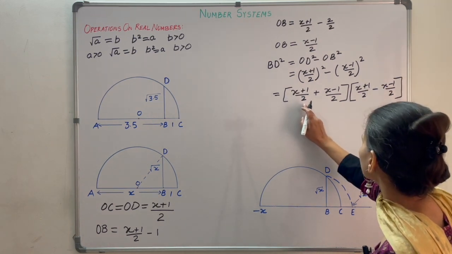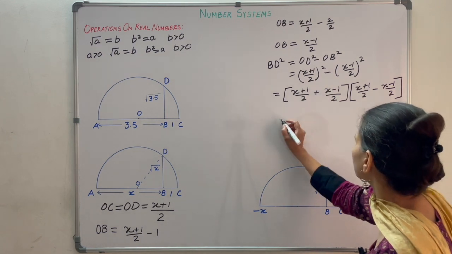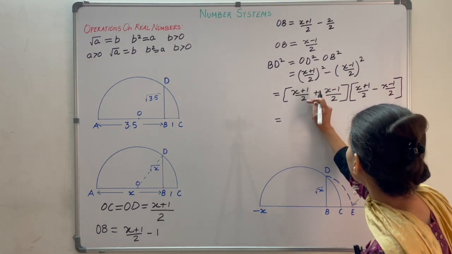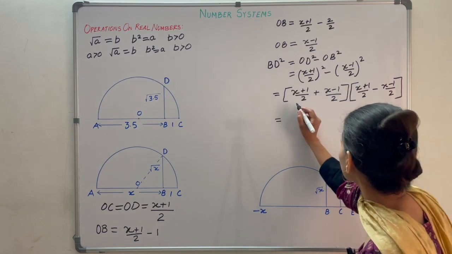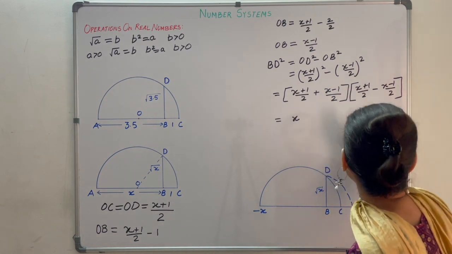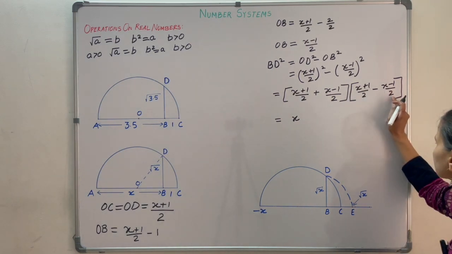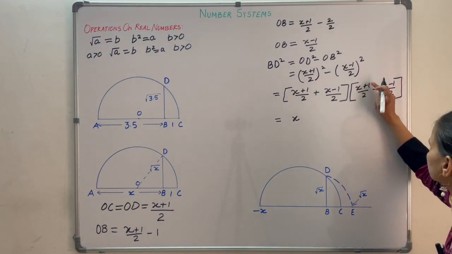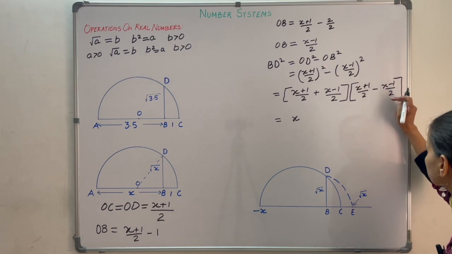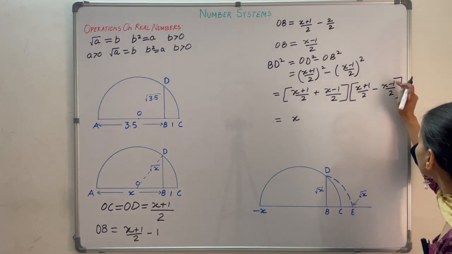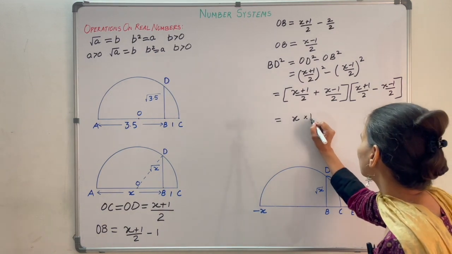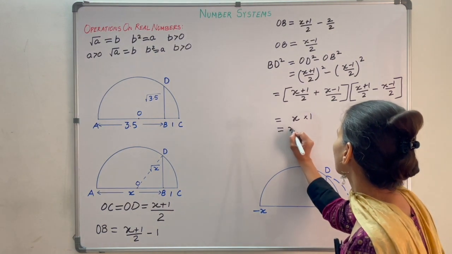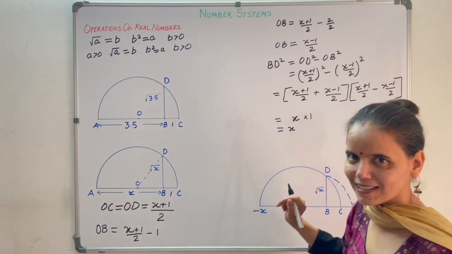So here you have x upon 2 plus x upon 2, so that is x. And here 1 upon 2 and minus 1 upon 2, so both will be cancelled. So here you have x. And here x upon 2 minus x upon 2 will be cancelled. Here 1 upon 2, minus into minus is plus 1 upon 2. So 1 upon 2 plus 1 upon 2 will give you 1. So x into 1. So you got BD square as x.